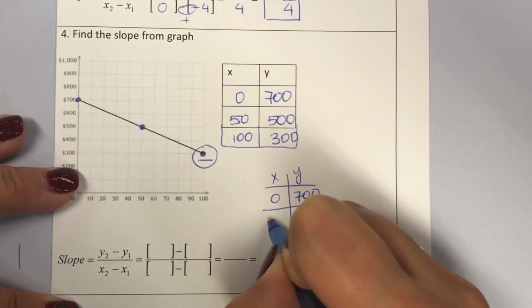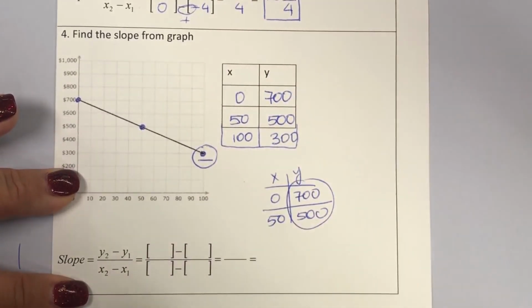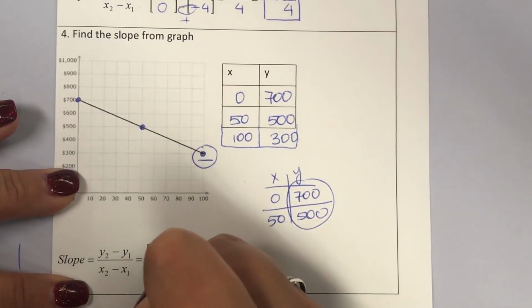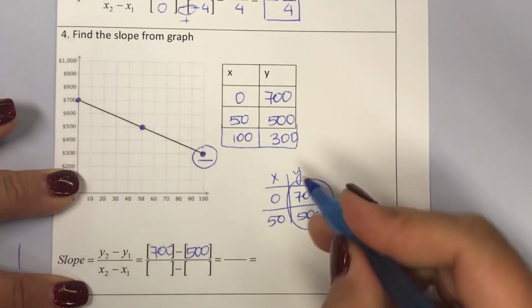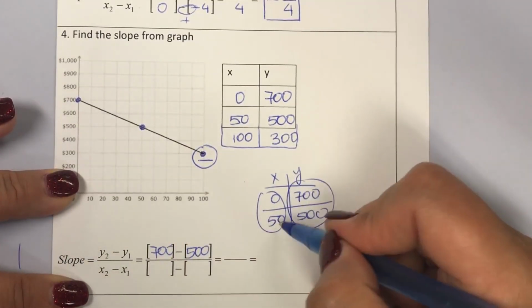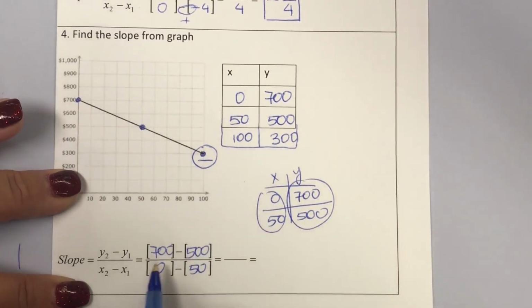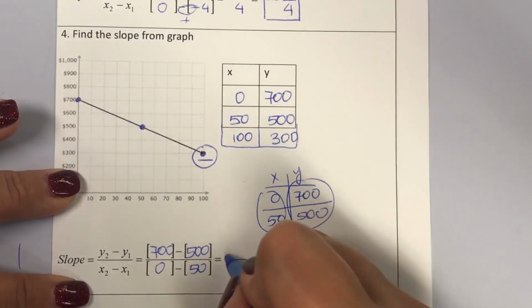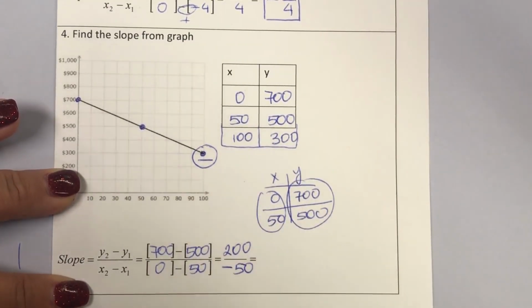So let's say, use the first two numbers, 0, 700 and 50, 500. On the numerator, subtracting the y coordinates is 700 minus 500. On the denominator, in the same order, subtract the x coordinates, 0 minus 50. And then we have 700 minus 500 would be 200 divided by negative 50.